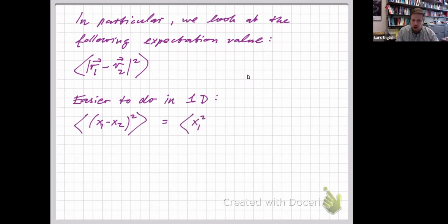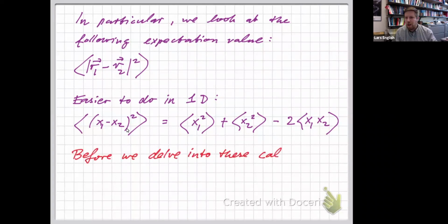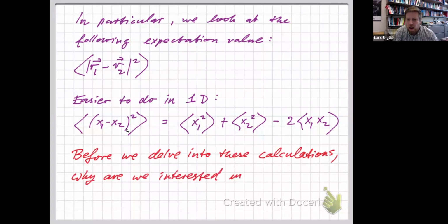Of course we can multiply that out, and we can write it like this. And that will actually be helpful for us in a minute. This is how we actually will evaluate this thing. But the question first is, why do we even care? Why are we interested in this kind of expectation value?